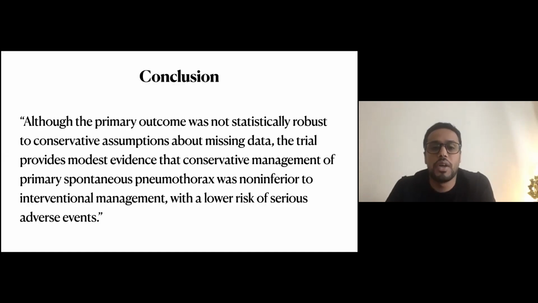Now, the authors concluded, though with the worst case scenario analysis it was not within the margin, that conservative management is still an acceptable approach in moderate to large spontaneous primary pneumothorax with a lower risk of serious adverse events.